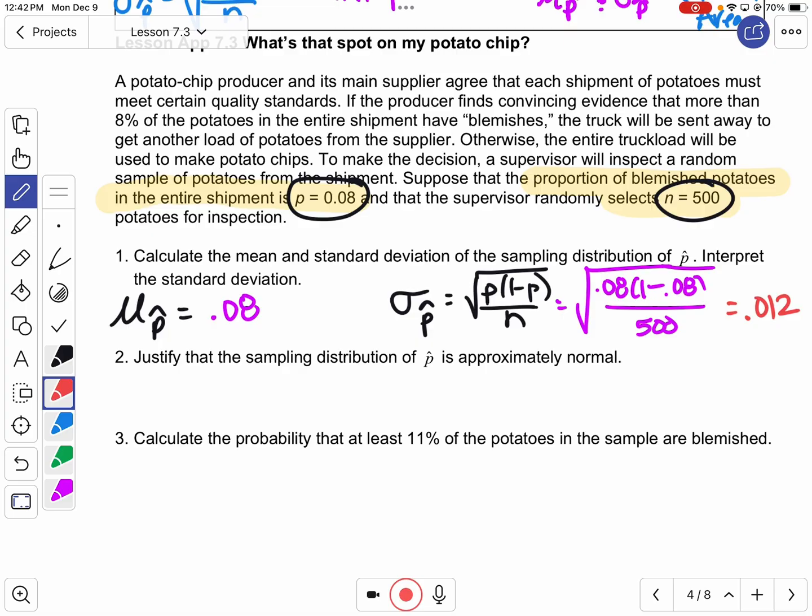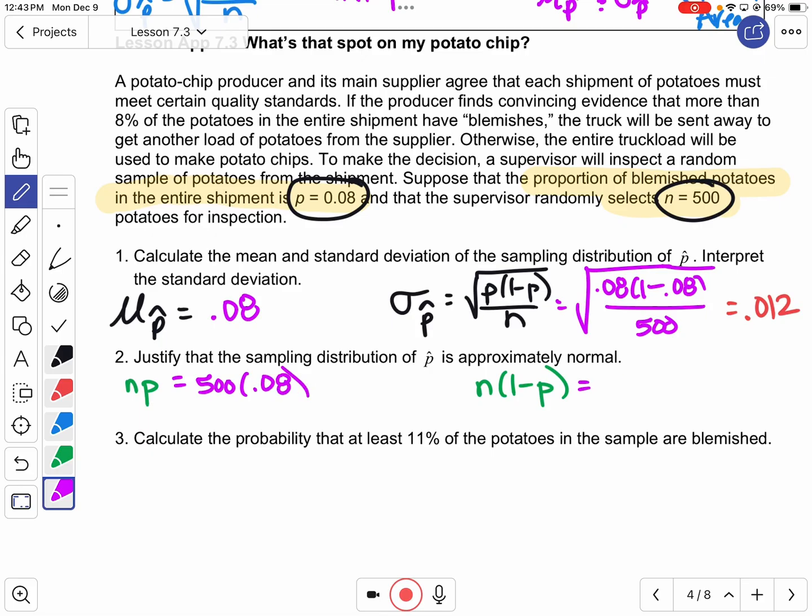Now we want to check, is it normal? When we want to check for normal, there's two numbers we're going to do: N times P and N times 1 minus P. So N times P, we take 500 times 0.08.